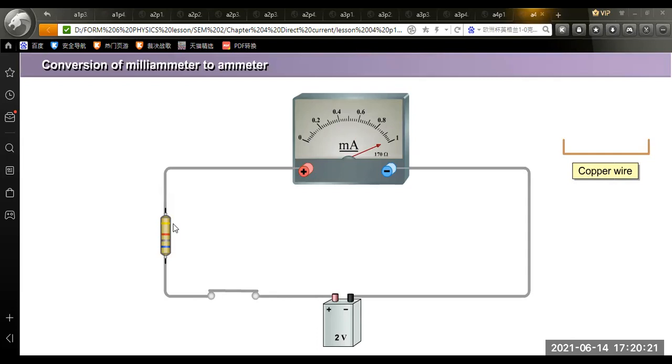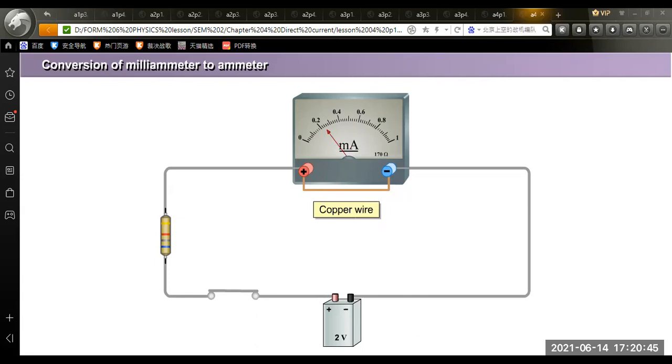So what we need to do is use a copper wire with resistance. I connect it from point A to point B. That means now the copper wire also acts as a resistor.